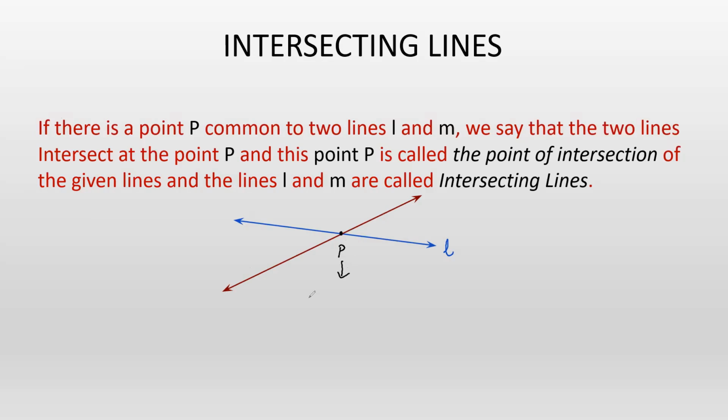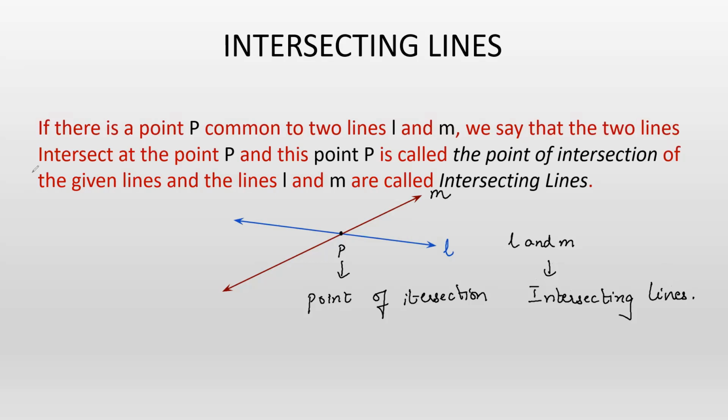Hence we say this is the point of intersection and these two lines L and M, they become intersecting lines. Hence, if the lines have any common point where they meet, they are called intersecting lines, and the common point becomes the point of intersection.